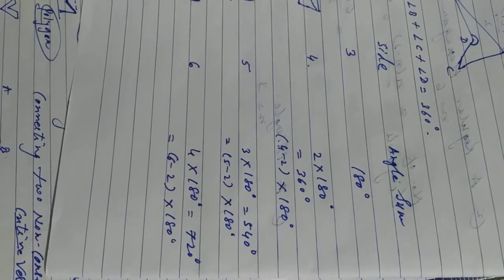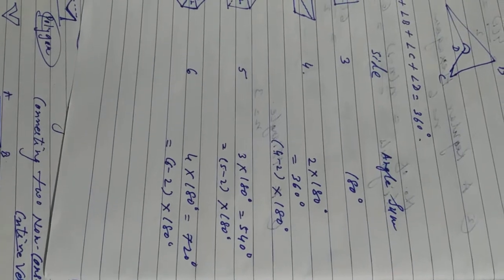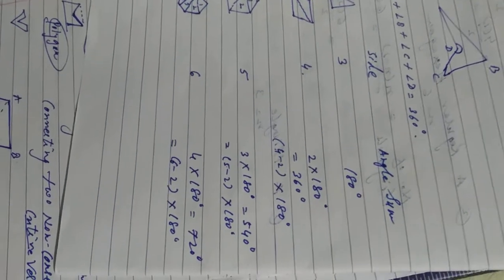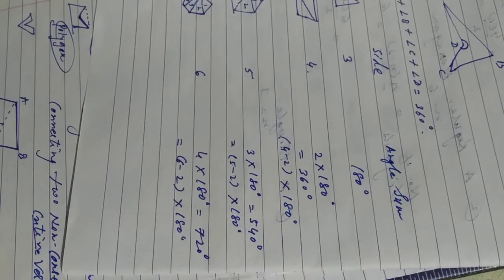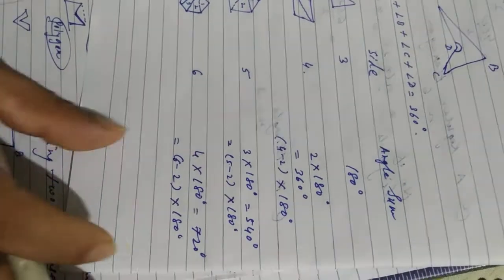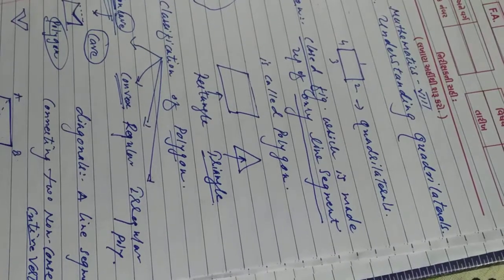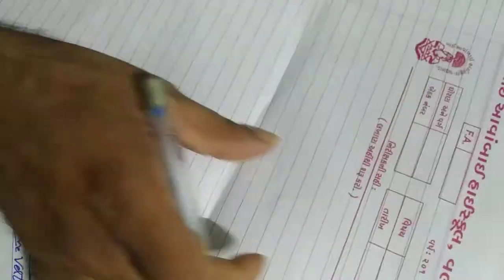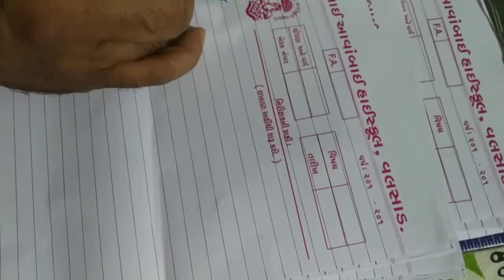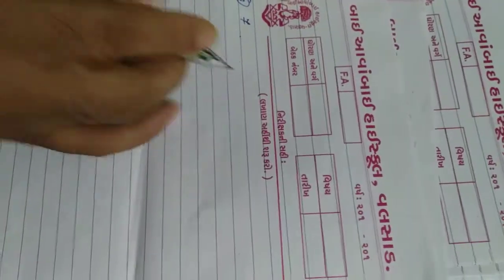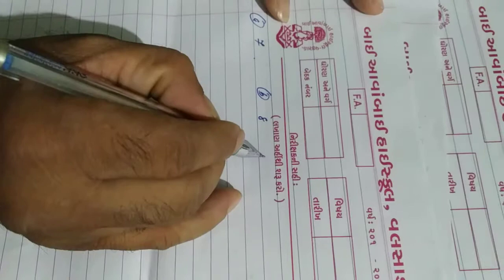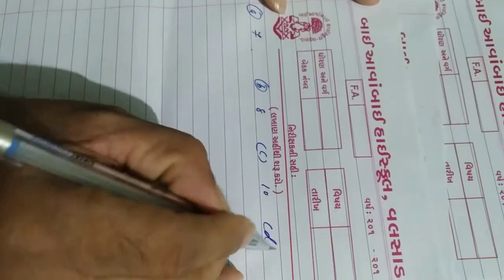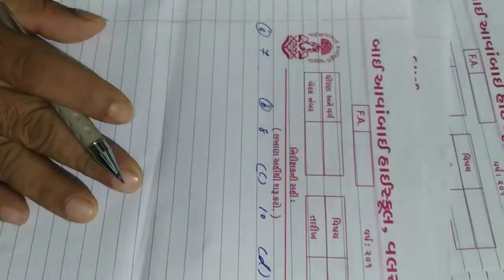Now after that, see what is asked: what can you say about the angle sum of a convex polygon with number of sides, suppose maybe number of sides are 7? A is 7, B 8, C 10, and D n sides.